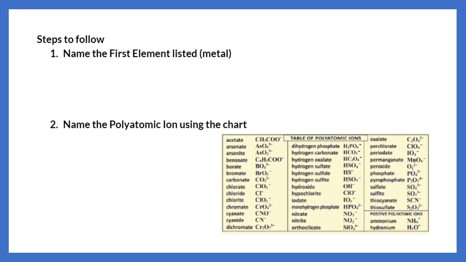Okay, so let's see. Our first step, we have Ca3(PO4)2. The first step says to name the first element listed. Well, Ca is calcium.